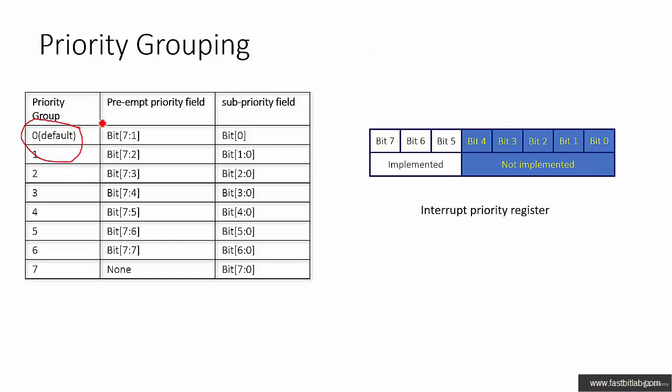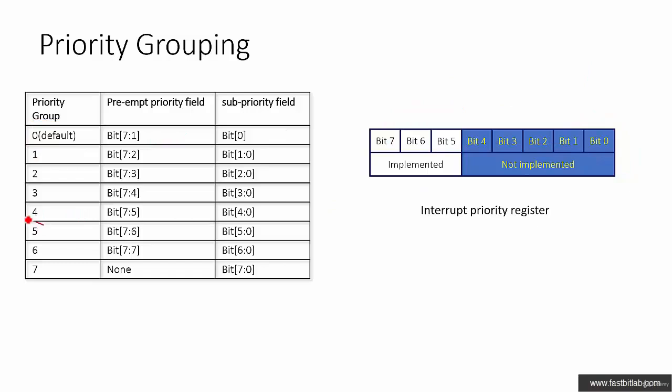In this case, bits 1 to 7 are considered as preempt priority and bit 0 is considered as subpriority. If two interrupts having the same preempt priority values occur at the same time, then this bit will be used to resolve the conflict.